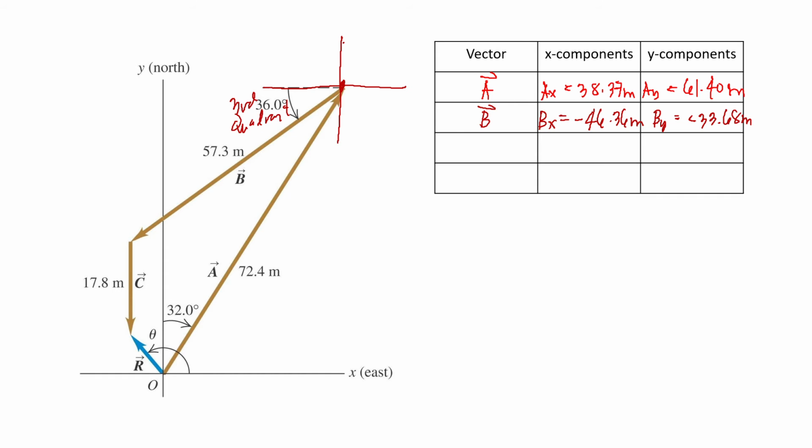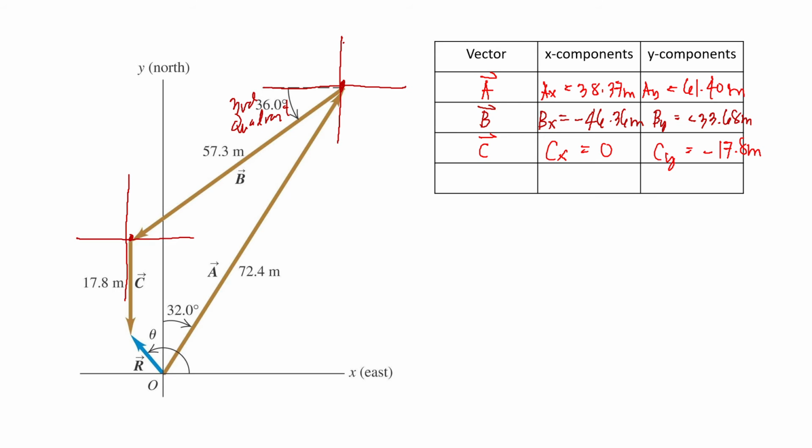If you draw an xy plane here with the origin, you will see that your vector c just has the y component. So you can automatically put our answers here. Since it has only the y component, your cx is equal to 0, and your cy is equal to negative 17.8 meters, right? Downwards. So it's a negative.